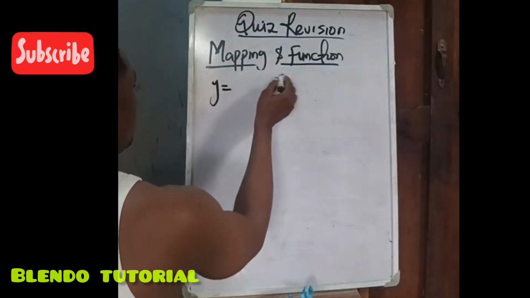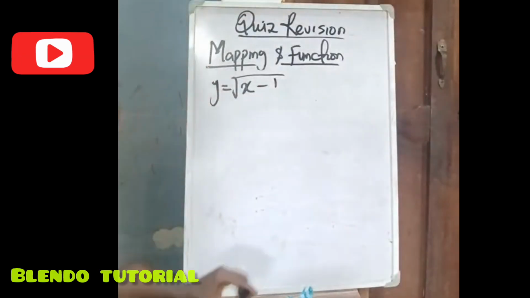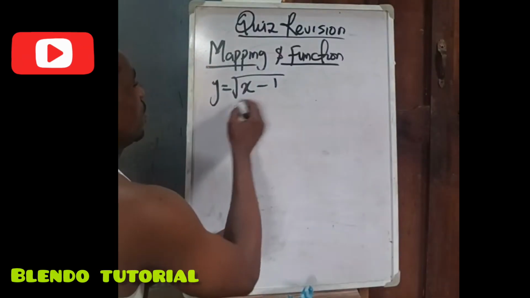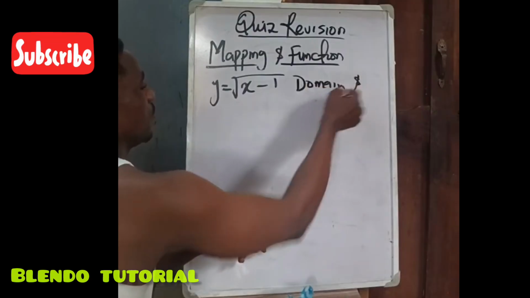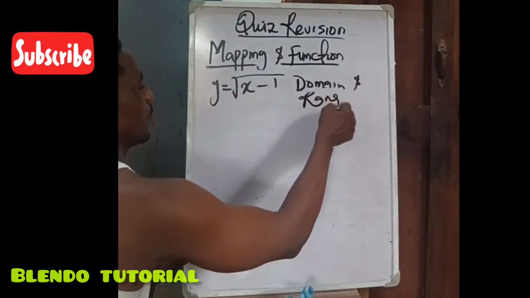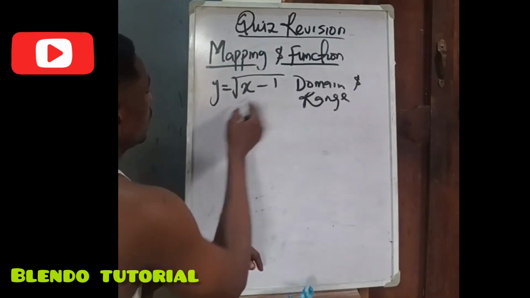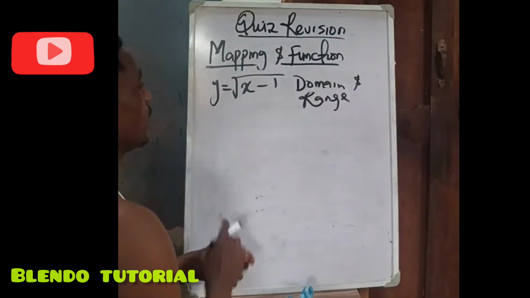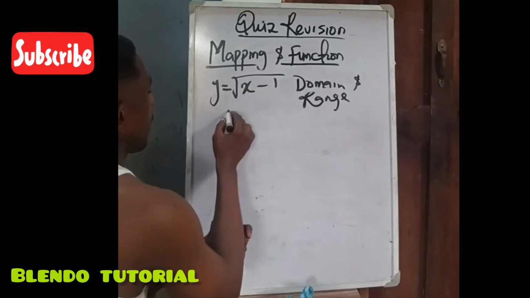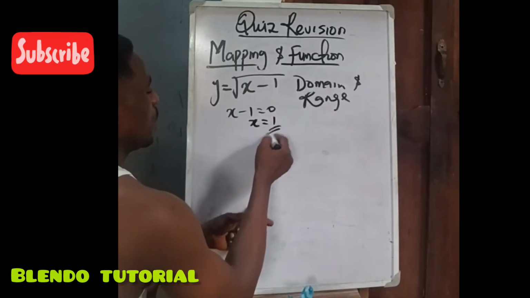If you are given the square root of x minus 1, and you are asked to find the domain and range, what will you do? The terminal number here is 1. So the domain is x minus 1 greater than or equal to 0, so x is greater than or equal to 1.